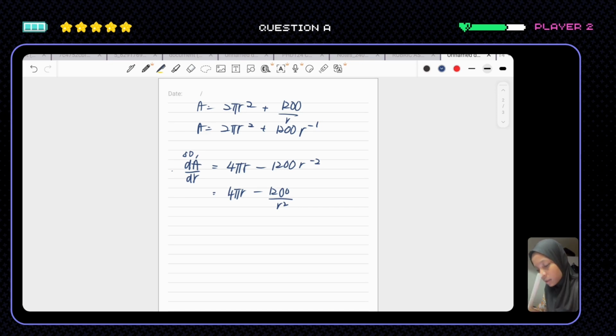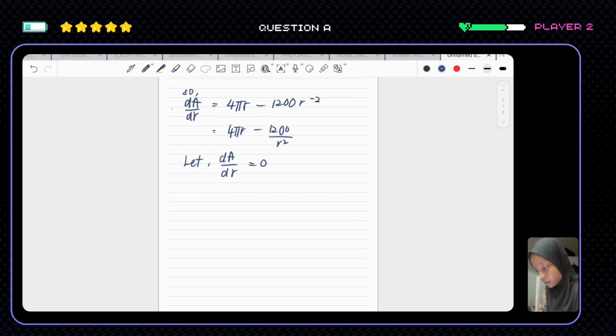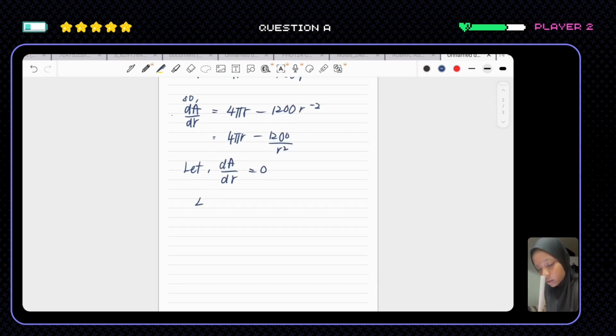So in order to get the value of r, we need to let dA/dr equal 0. So 4πr minus 1200 over r² equals 0. Then 4πr equals 1200 over r².